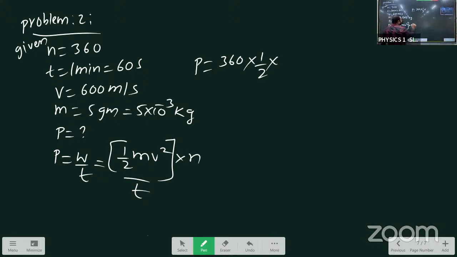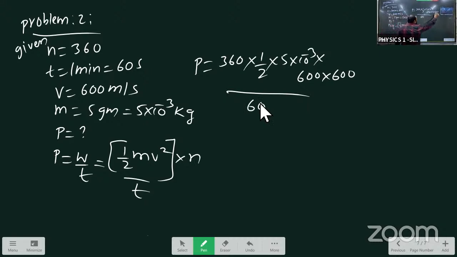Number of bullets 360, half, mass 5 into 10 to the power of minus 3, half mv square, velocity 600 into 600, divided by time 1 minute, 60.